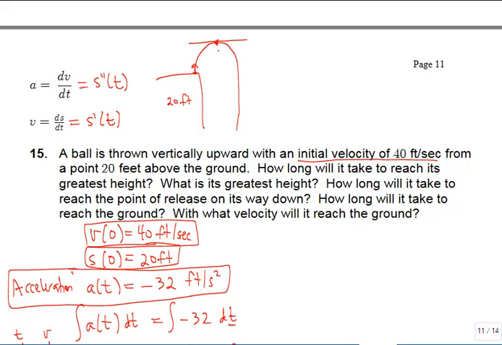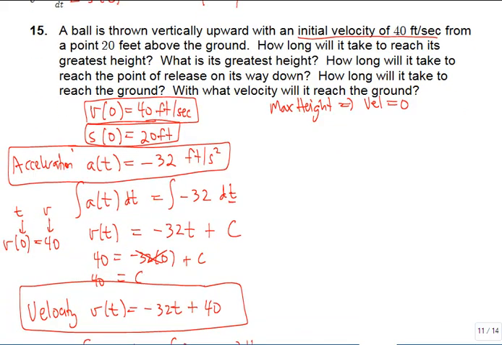And what is the derivative of this position? Derivative of position is velocity. So you're going to be at your max when the velocity is 0. So to find the max height, what we're going to do is set our velocity function equal to 0.